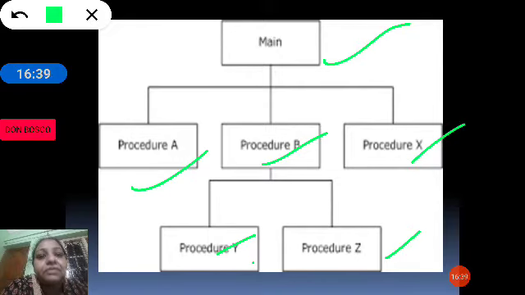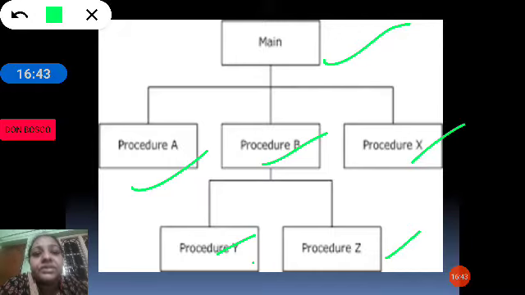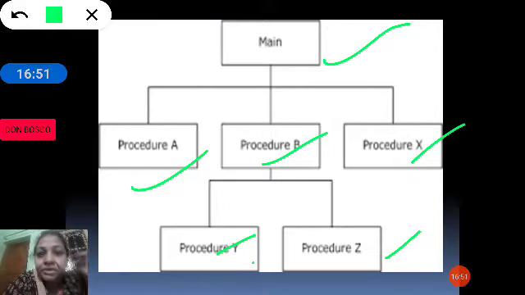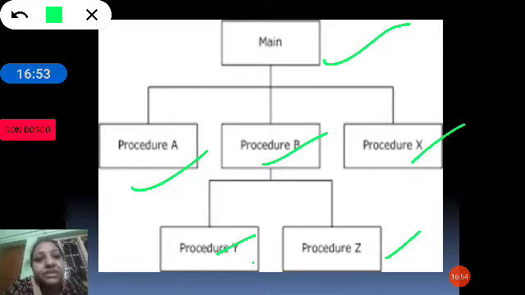Here we have one main program, and in every programming there is definitely one main program from where the execution starts. In unstructured programming there is only one main program and the program's data. Whereas in procedural programming there is one main program and many procedures. Procedures mean small programs that will do a specific task.